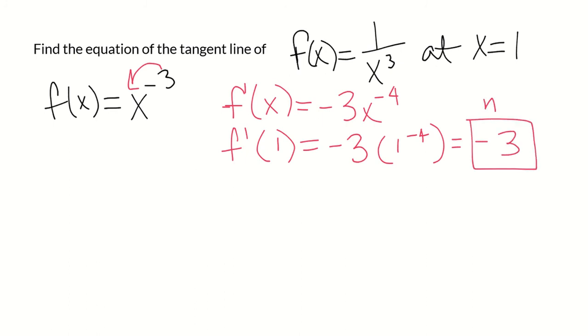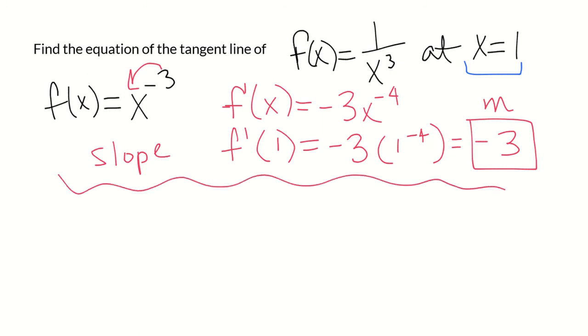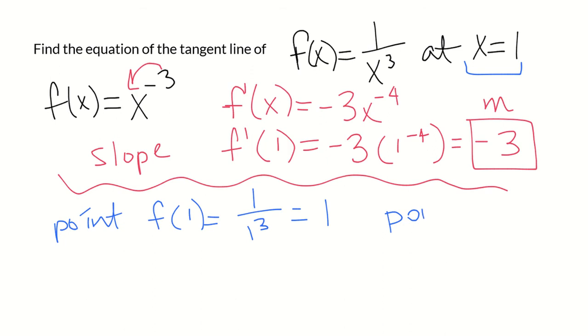So that is the slope of our line. And then let's plug in x equals 1 to get our point. Now let's find our point. That means we're going to plug x into the original equation, so f of 1, which would be 1 over 1 to the third, which is 1. So our point is 1, 1.